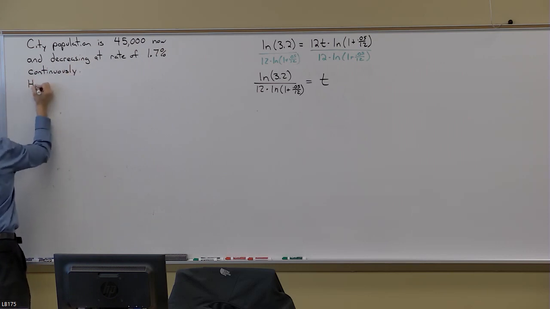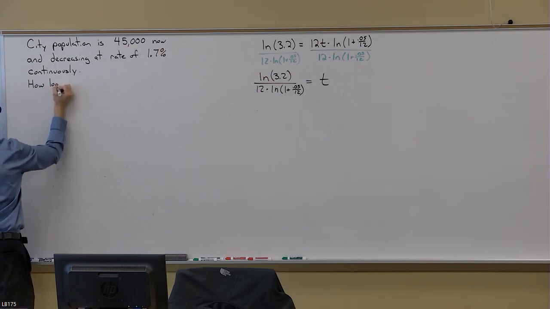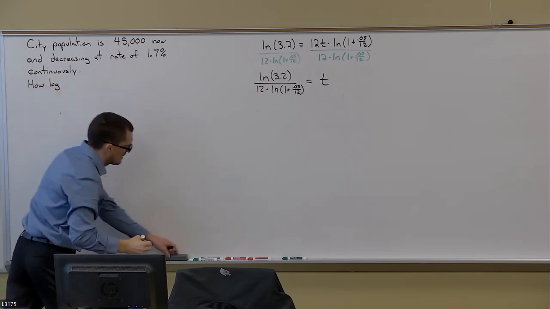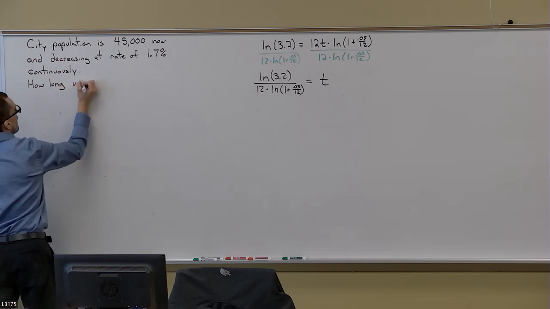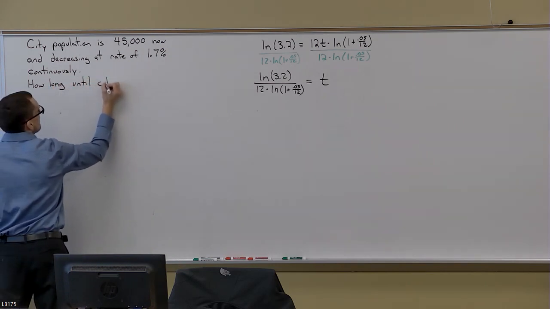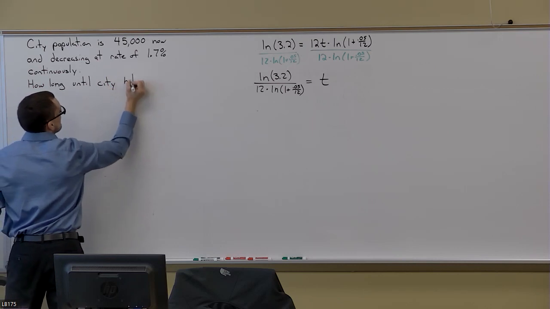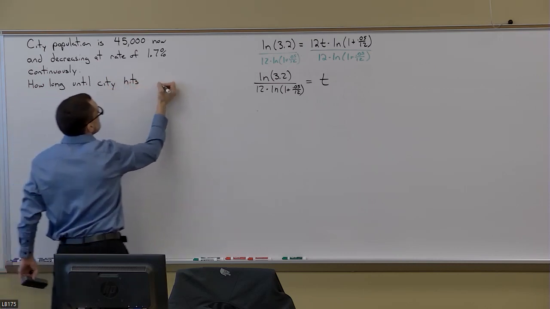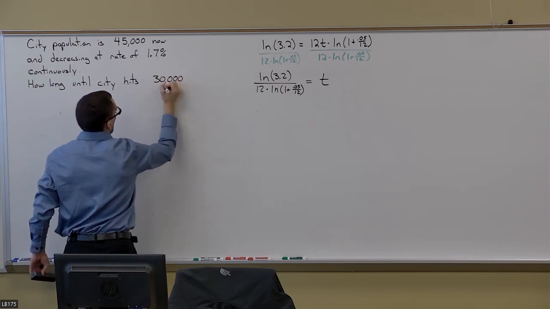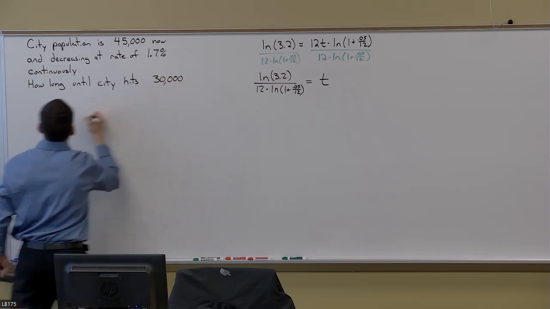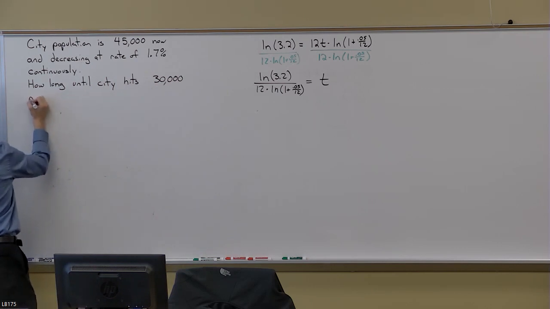How long until the city hits 30,000 people? It's a population of 30,000 people.